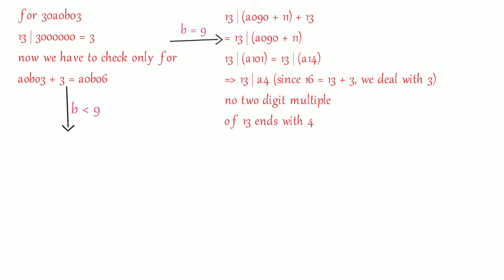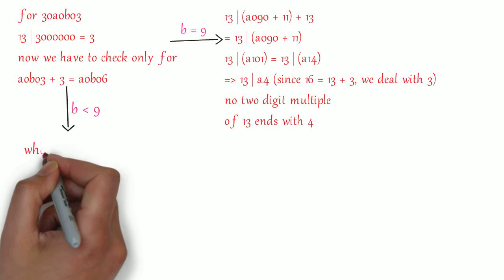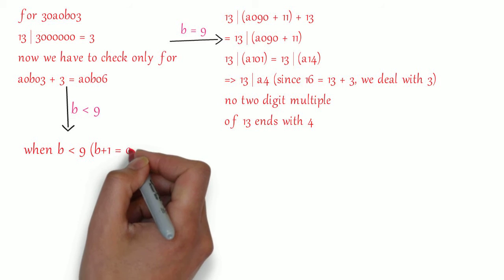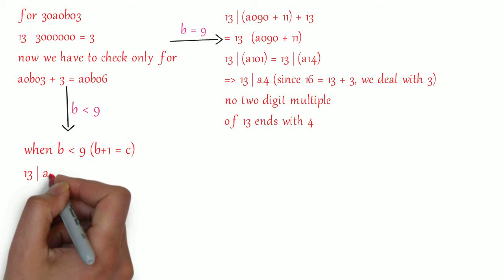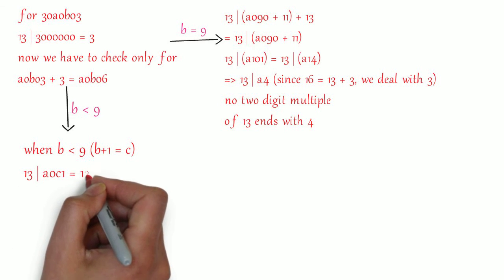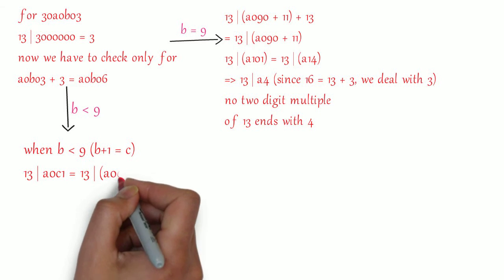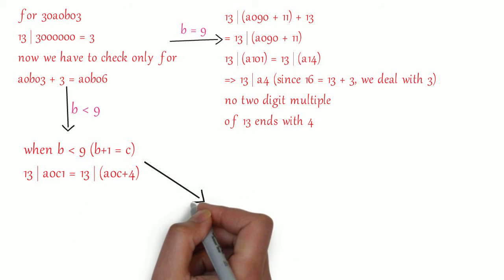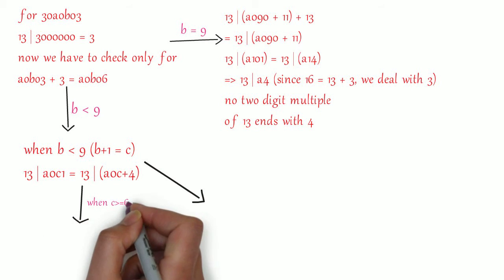Let's get back to the case where there won't be any carryover. As B is less than 9, let's take B plus 1 equals C, where C is a digit. Now, our number reduces to A0C1. As 13 divides A0C1, 13 must also divide A0C plus 4. Once again, we get two cases.